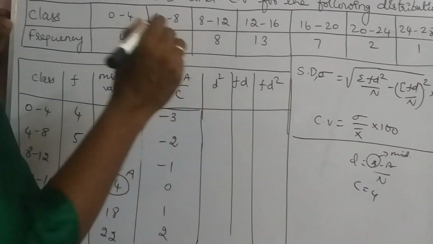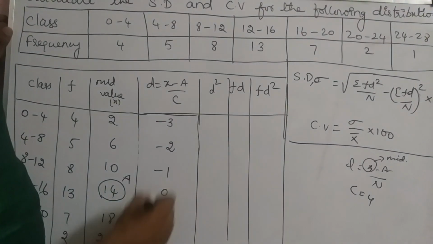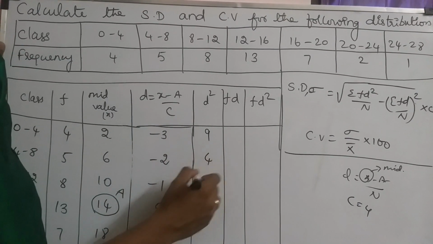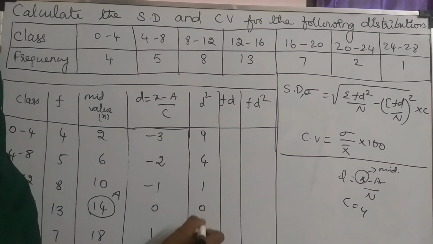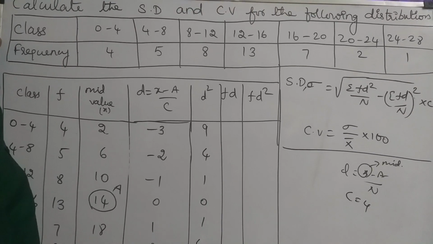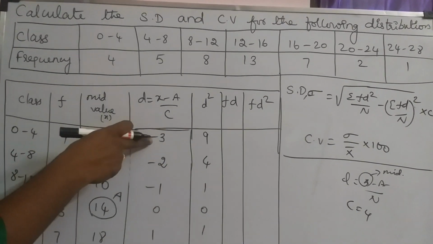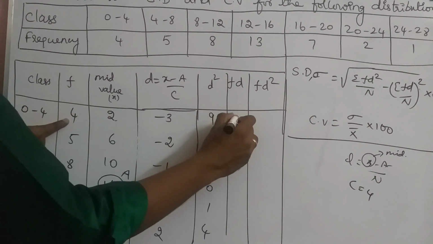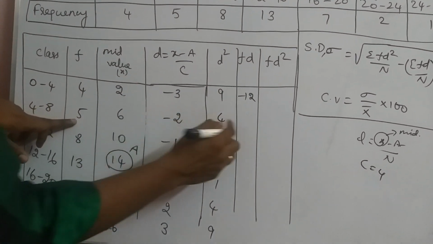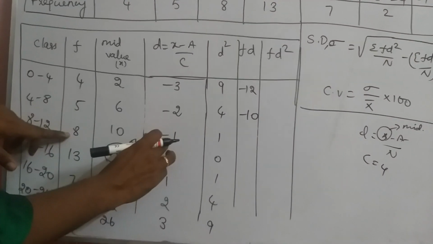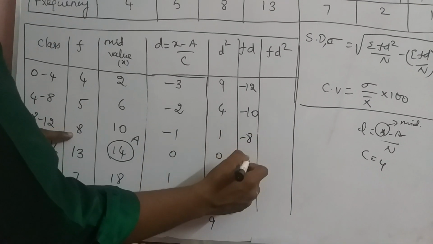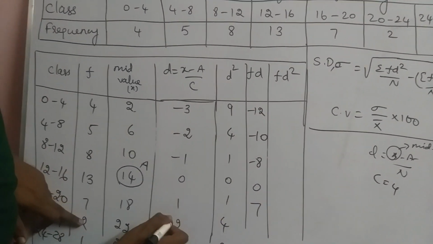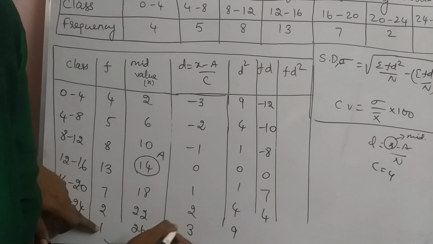Next, d square. Squaring the d values gives 9, 4, 1, 0, 1, 4, and 9. Next fd: multiplying f and d gives minus 12, minus 10, minus 8, 0, 7, 4, and 3.